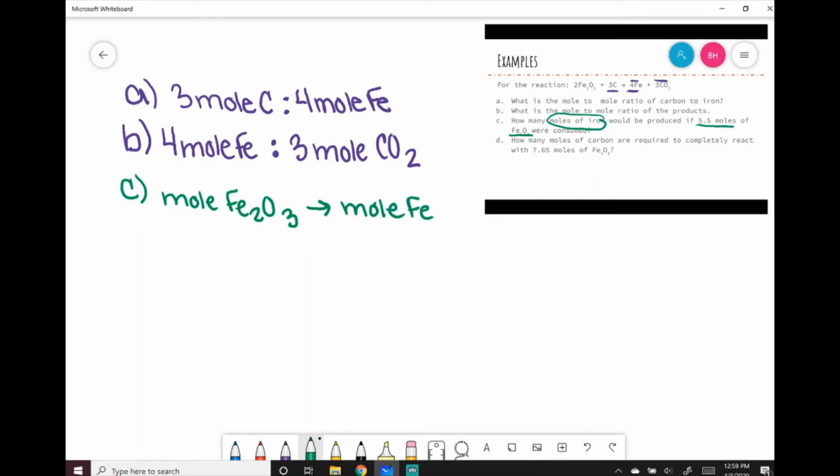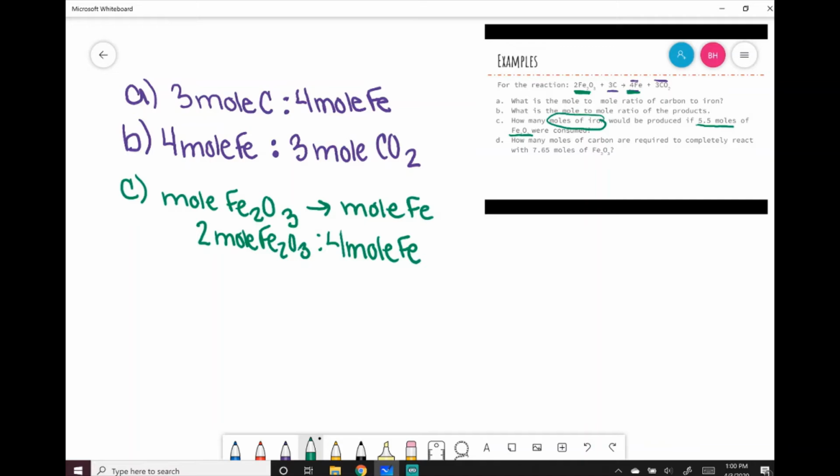We need to figure out our mole to mole ratio. If we look at our formula, we have 2 moles to 4 moles, so it is a 2 mole to a 4 mole ratio. Notice that I'm not simplifying this ratio. You want to use the coefficients exactly how they appear in the chemical formula.